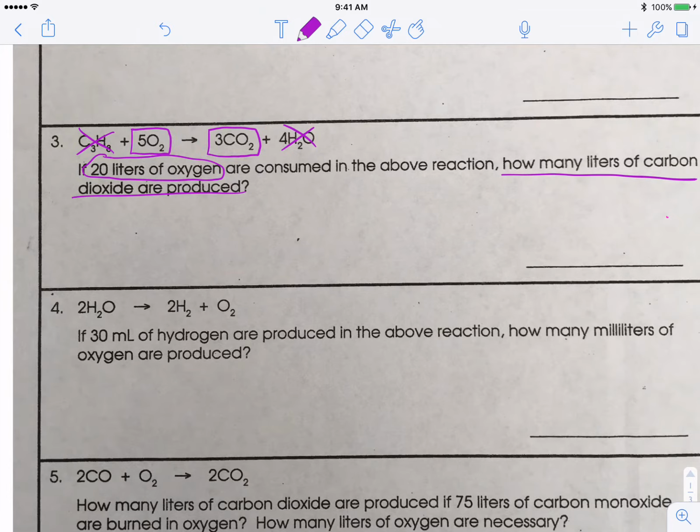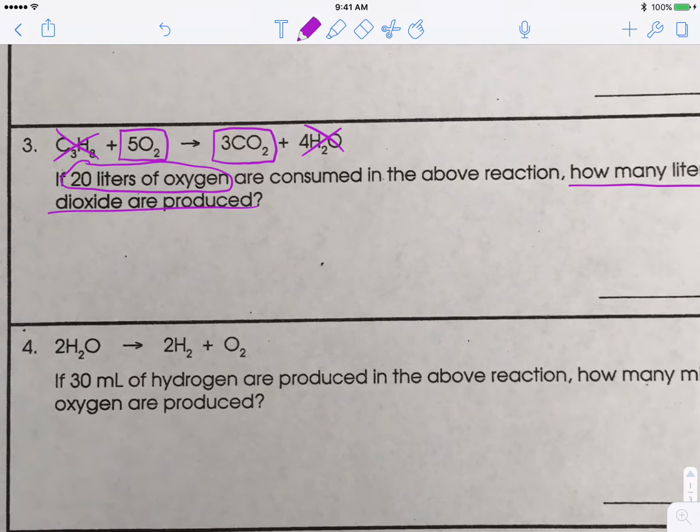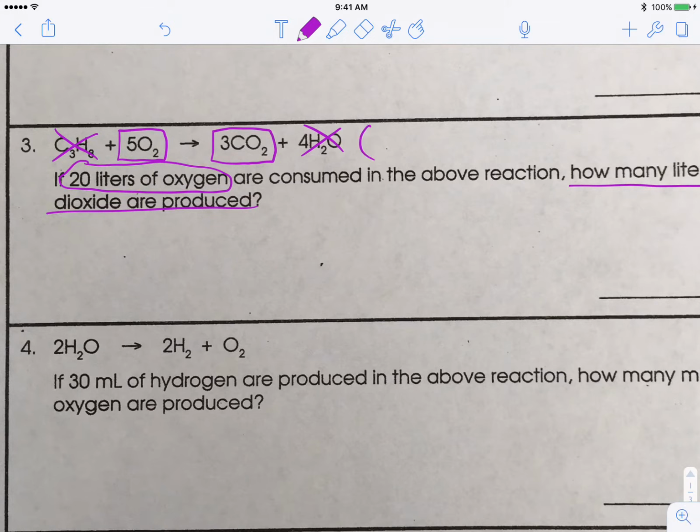Now, once we identified our 2 important compounds, let's write out the molar ratio. The ratio between the O2 and the CO2 is simply 5 moles of O2 is equivalent to the 3 moles of CO2.